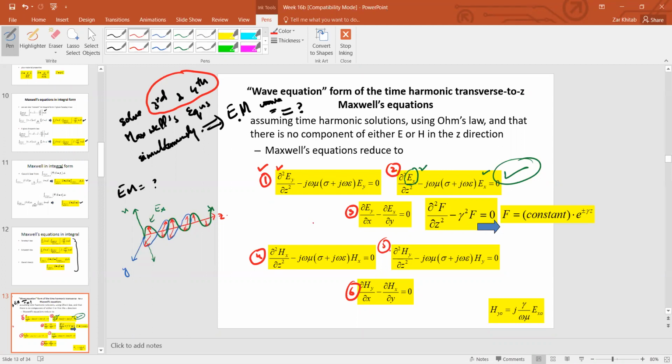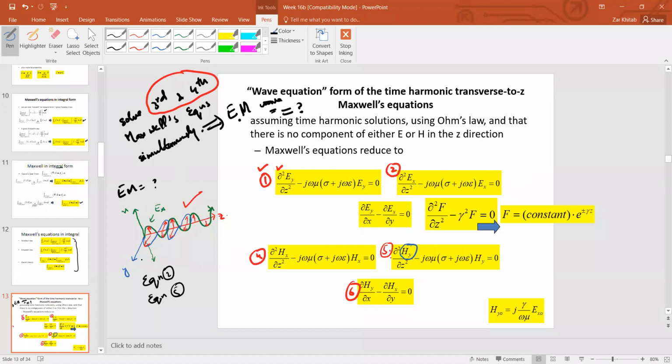Right? So the magnetic field is oscillating in y direction, and here is the magnetic field which is oscillating in y direction. So this electromagnetic wave has equation 2 showing the electric field and equation 5 showing the magnetic field.